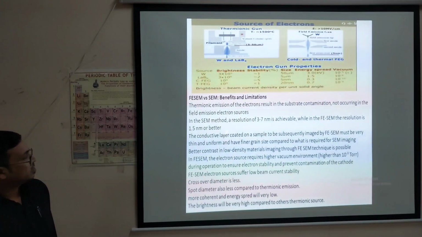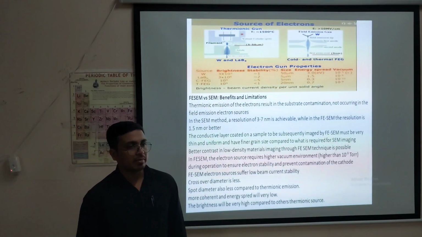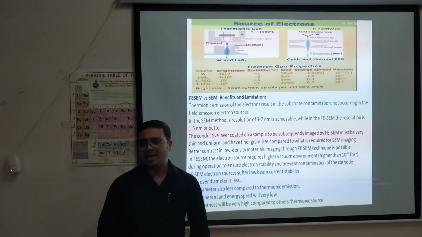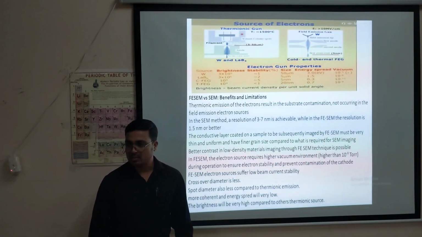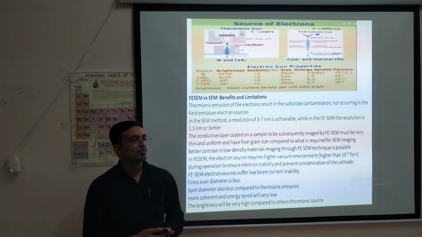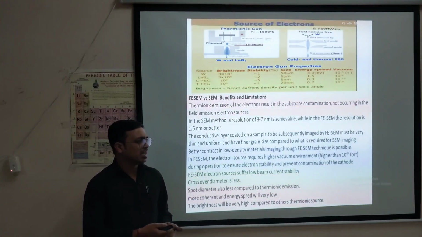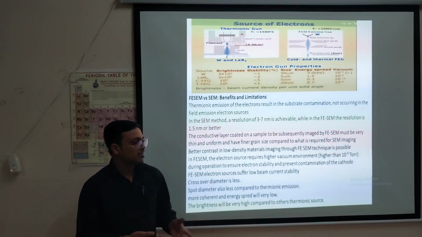You follow? So these are the different benefits and limitations associated with FECM SEM. Thermionic emission, electron results in substrate, cannot occur in the field emission. This thermionic emission sometimes results in surface contamination, meaning charging of the system, but in FECM there are very rare chances of charging. In case of SEM, you need to coat the material with conductive materials, but in many cases in FECM there is no need.